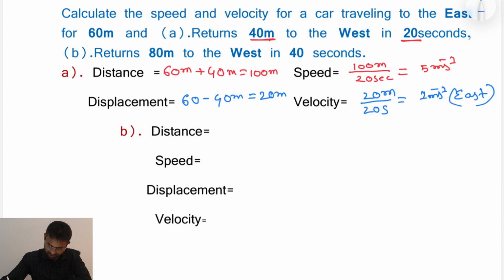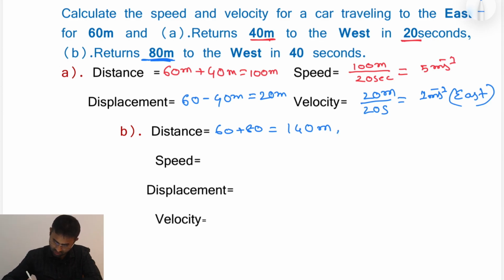Okay, for the second case, what is the distance? Distance will ultimately be the 60 meter traveled first plus the next 80 meter, is equal to 140 meter. This is the total distance and time taken is 40 seconds.